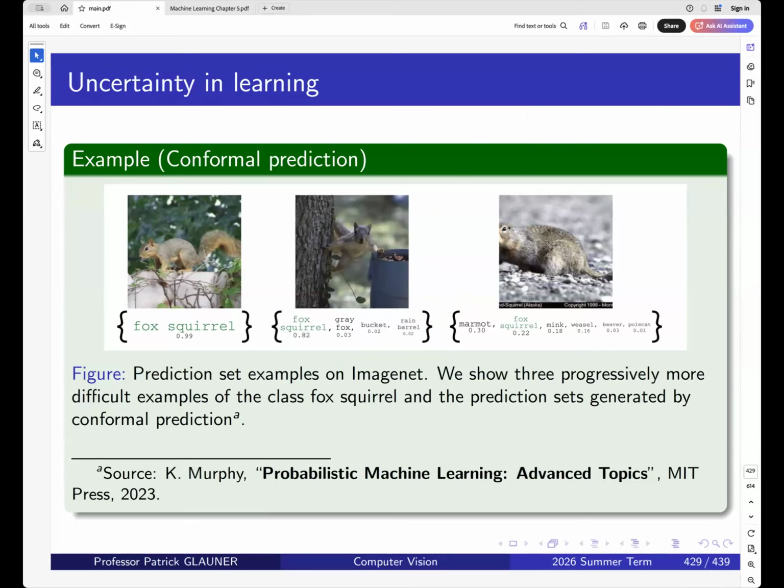And if we take this image here, where the fox squirrel is not fully visible, fox squirrel is still the ground truth because it's in green, but actually marmot has a higher softmax score and therefore also appears in the prediction set. And there are a couple of other classes that appear in the prediction set. So this is one example of how we can apply conformal prediction to a computer vision problem.